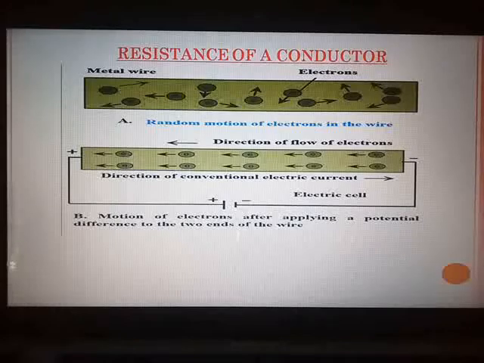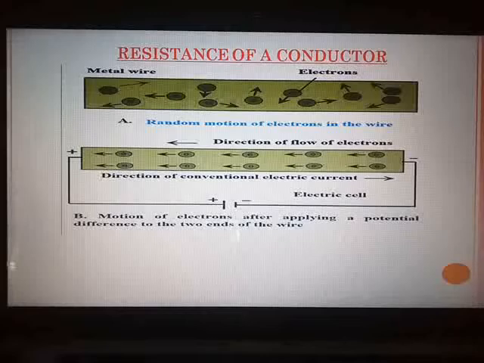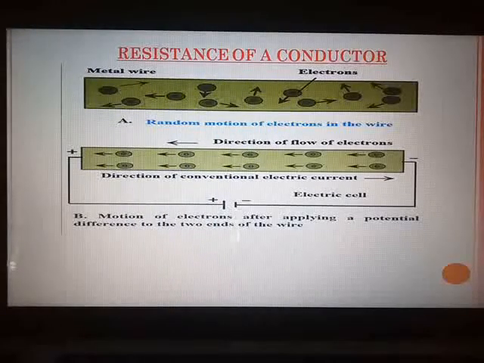Resistance of a conductor. In this figure, we had seen this figure before when we studied the topic of current flowing through a wire. You have seen there are a large number of free electrons in a metallic wire, and as I have told you, when the conducting wire is not connected to the cell, these free electrons are always in a state of random motion.